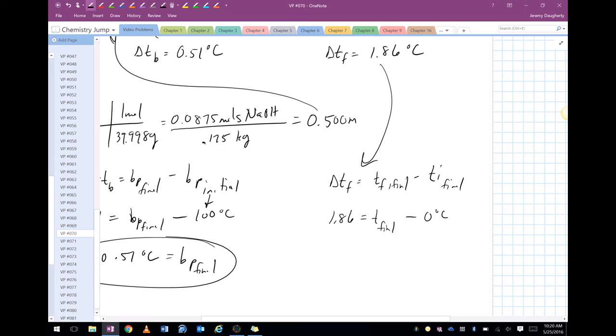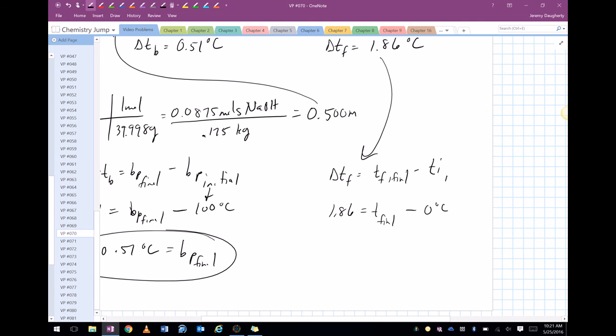Oh, we got a problem here, don't we? This should be initial, but I still see a problem, right? Because this is saying it's going to go up to 1.86, and that's not true. So I have to do something different here. You know what, let's do this. We know it's going to drop by that amount, right?